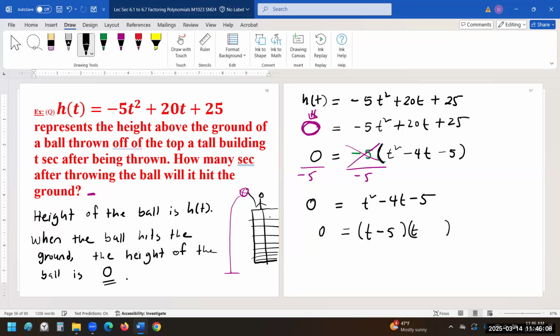Negative 5, positive 1. We found the two factors. Then what do we do? We set each of them to be 0. Either the first one is 0 or the second one is 0. One of them definitely has to be 0 if you want the product to be 0.